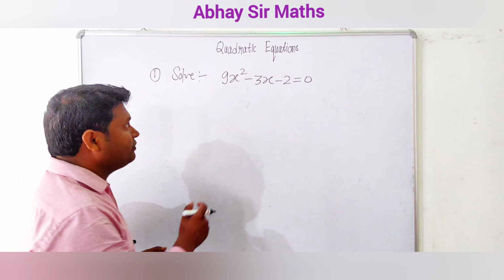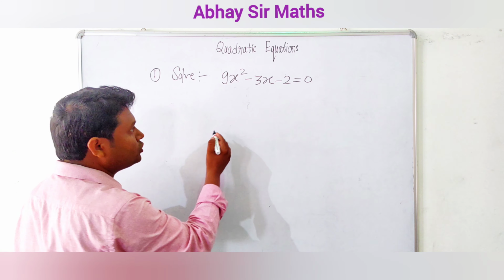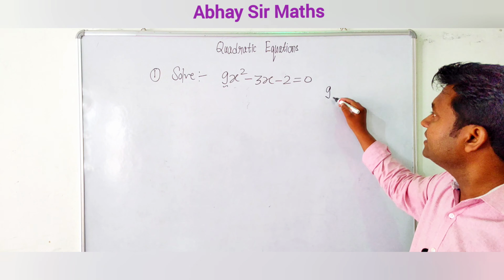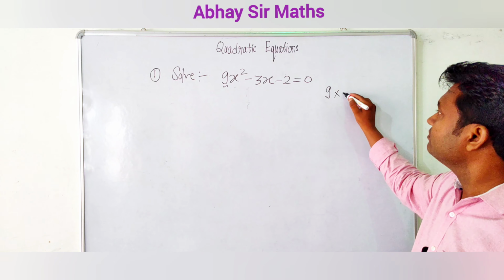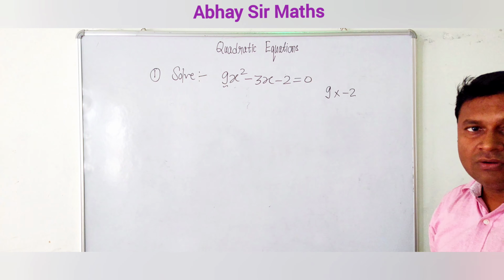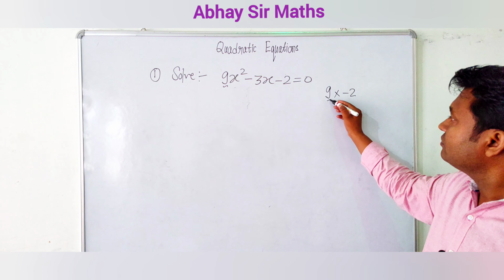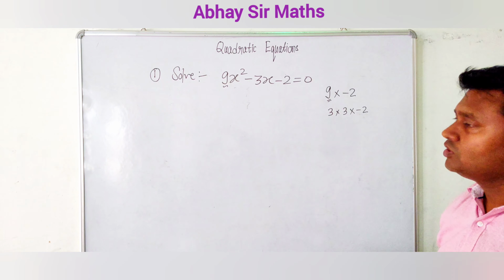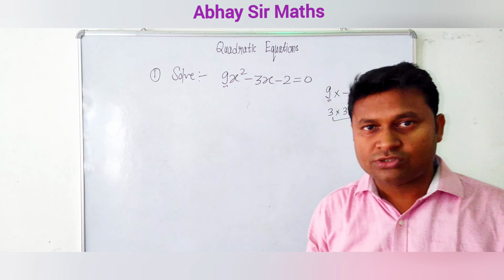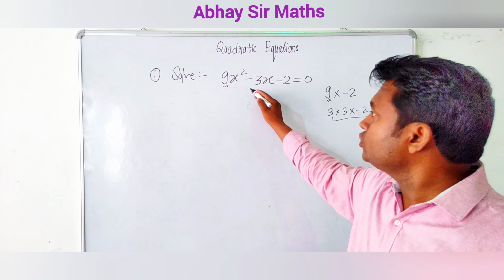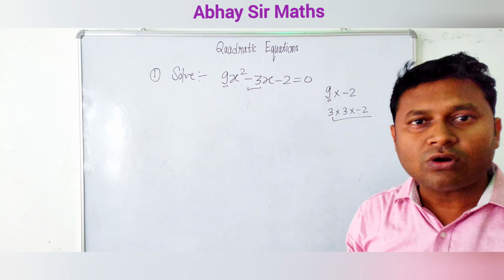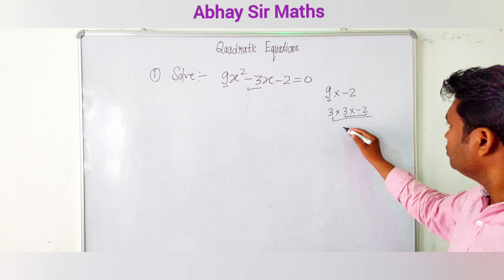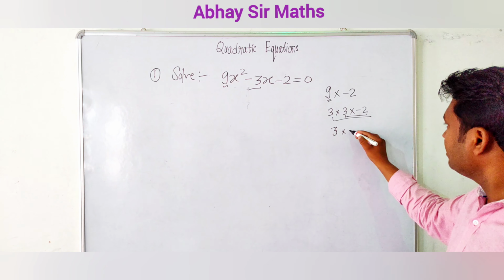To factorize it, you need to multiply the coefficient of x square, that is 9, and the constant term, which is minus 2. Let us prime factorize it: 3 threes are 9, into minus 2. Out of these terms we have to make two terms such that their sum or difference is minus 3. So we take 3 into 3 twos, that is minus 6.